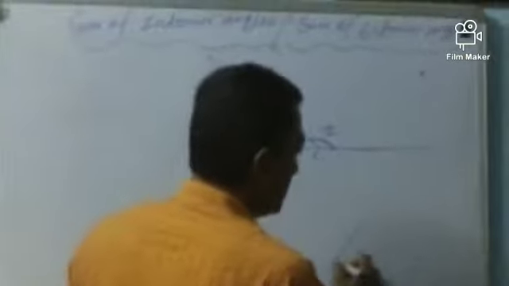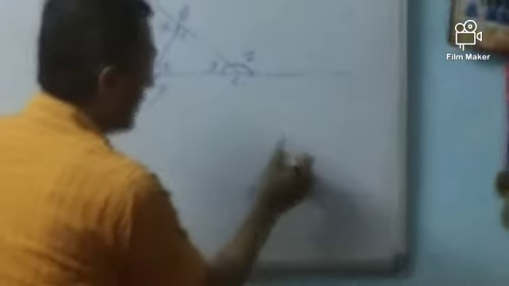How do we know this? It is also interesting. See one example of this. Triangle A, B and C. Suppose we have angle 1, angle 2 and angle 3, and suppose this exterior angle is 4.